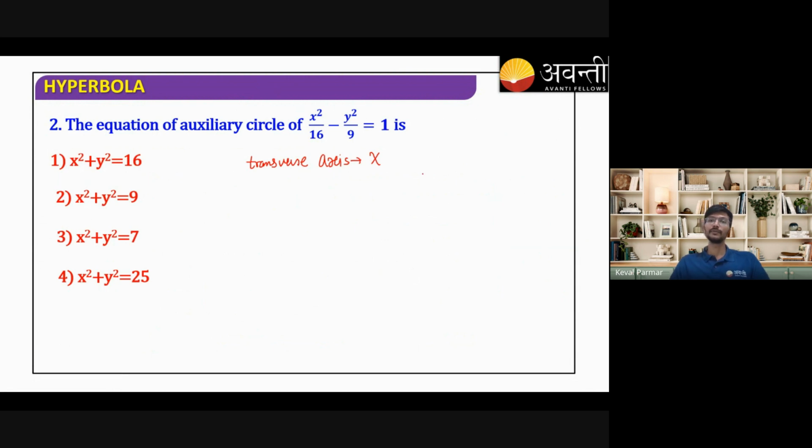And if the transverse axis is the x-axis, that means radius squared will be equal to 16. So the equation will be x squared plus y squared equals to 16, which is option number A. Let's look at the next one.